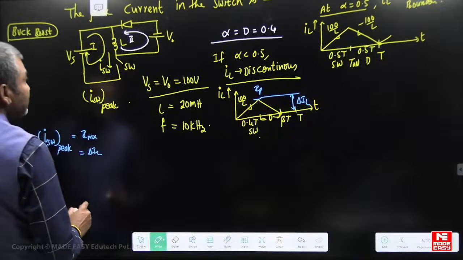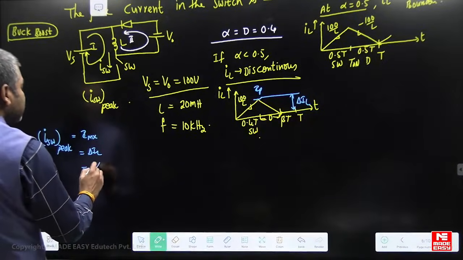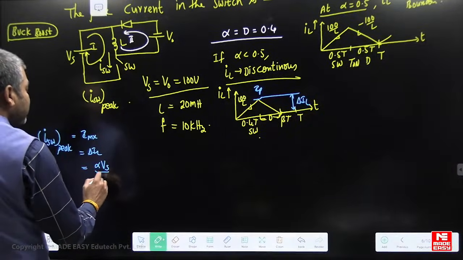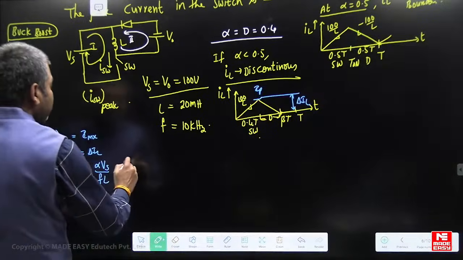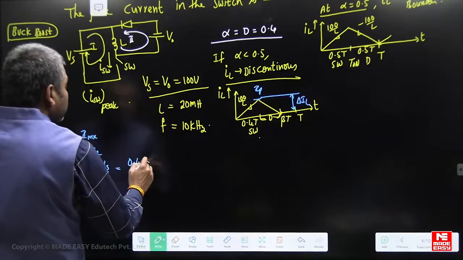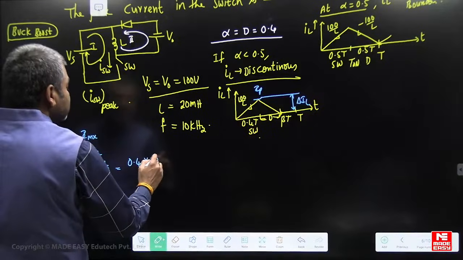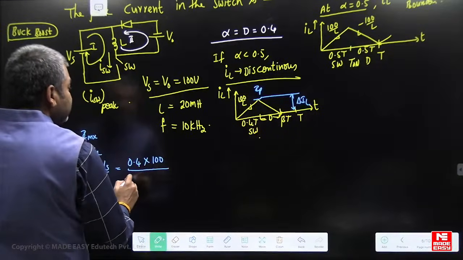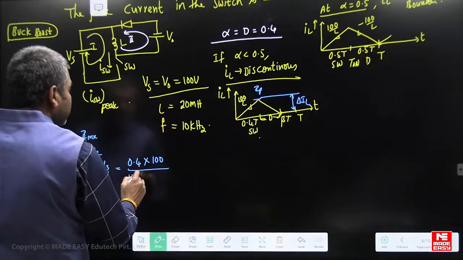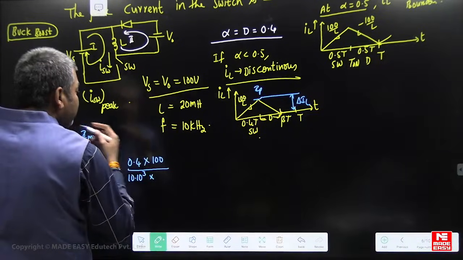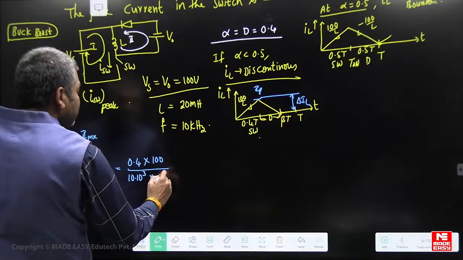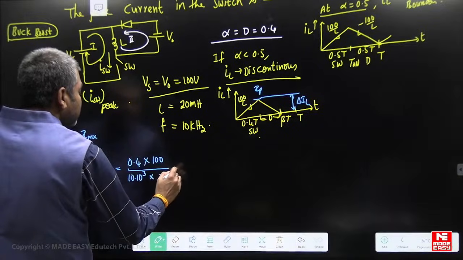What is delta IL for the buck boost converter? It is alpha into Vs by F into L. So alpha is 0.4 duty ratio, supply voltage is 100 volts, frequency is 10 kilo, 10 into 10 to the power 3, and the value of inductance is 20 milli, 20 into 10 to the power minus 3.